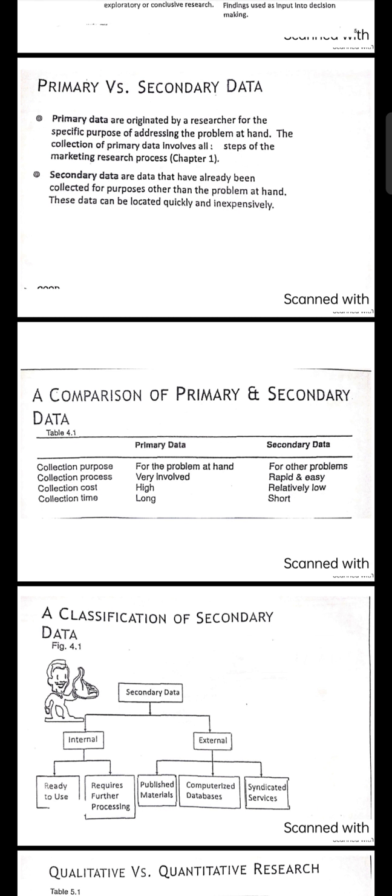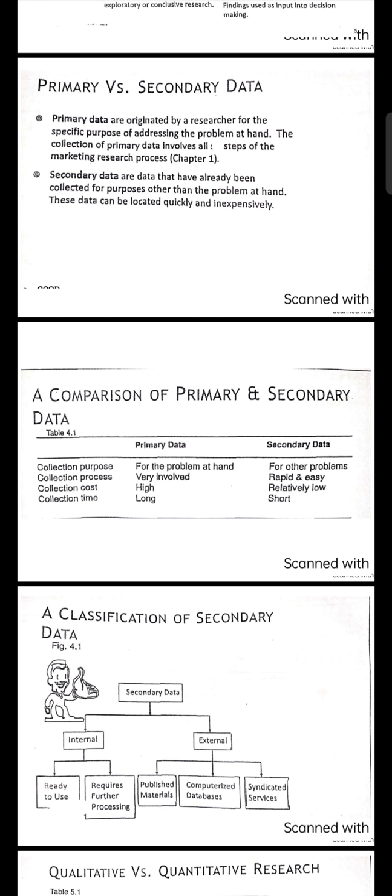So it's direct data, first-hand data. We define it as: primary data are originated by a researcher for the specific purpose of addressing the problem at hand. The collection of primary data involves all steps of the marketing research process.